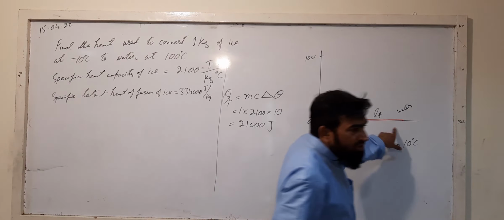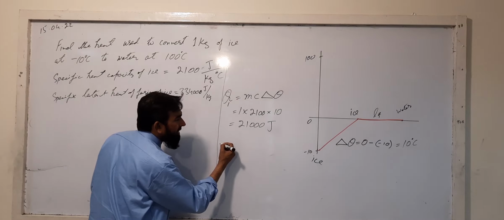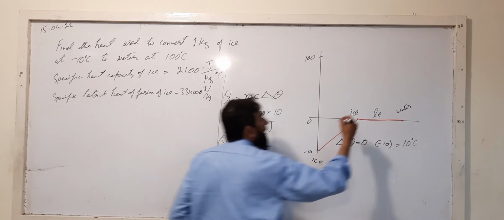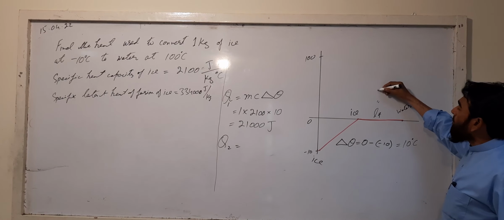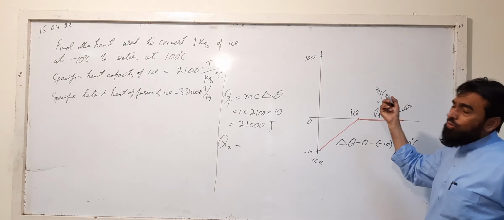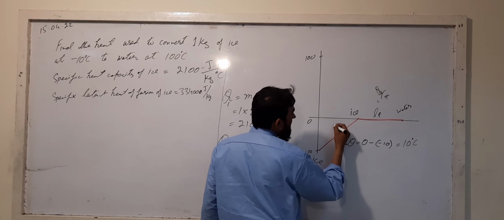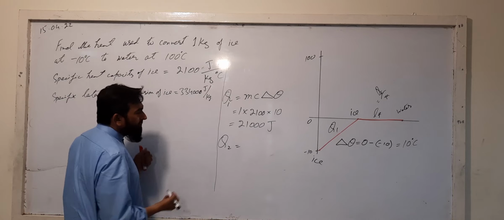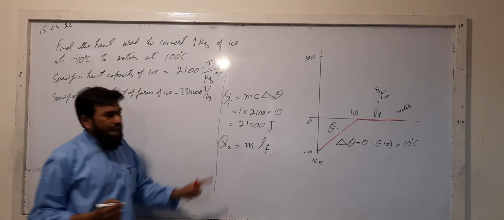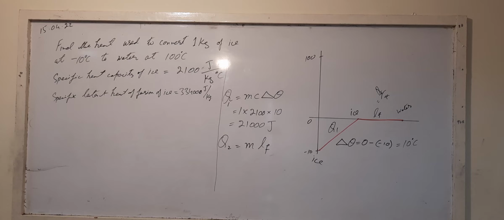So, in this stage, the state is changing. What formula will be applied? The formula is LF is equal to Q over M. So Q2, here we are going to find Q2, is equal to M into LF, mass into latent heat of fusion of ice, because ice is melting.